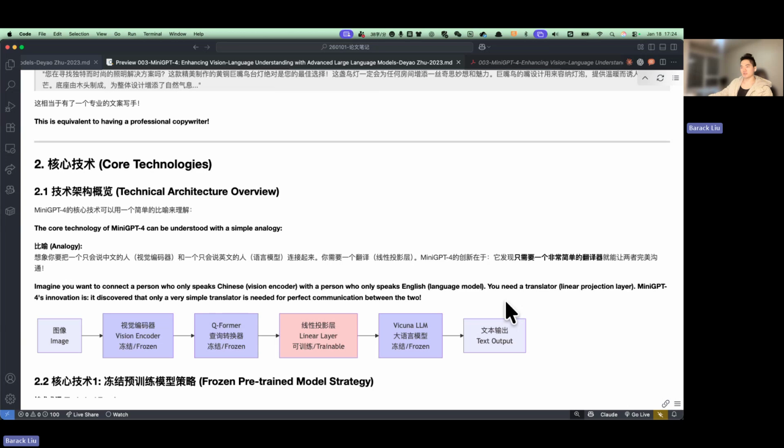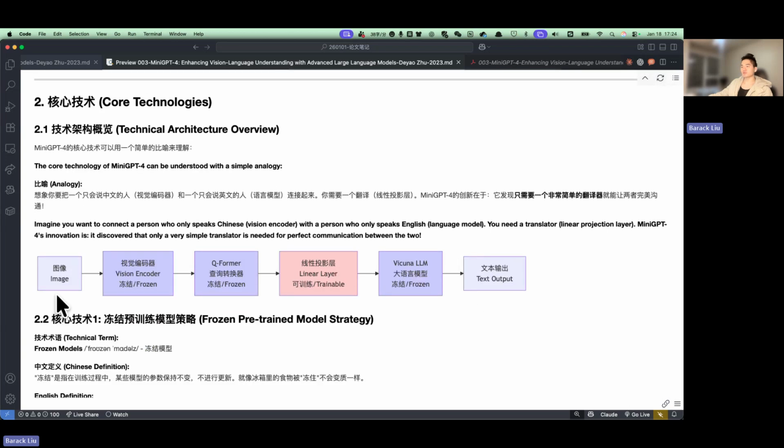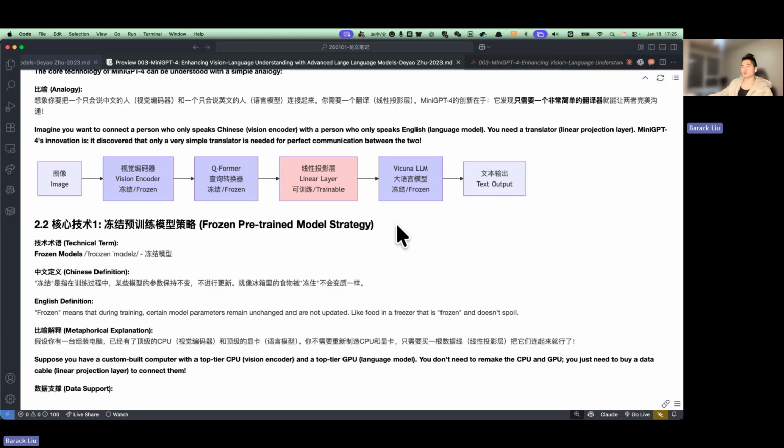Mini GPT-4's innovation is that it discovers only a very small translator is needed to perform communication between the two. Okay. So image to vision encoder, Q-former, linear layer, Vicuna LM, text output.